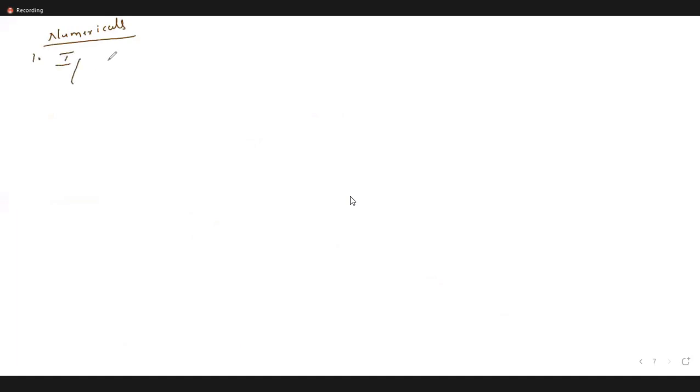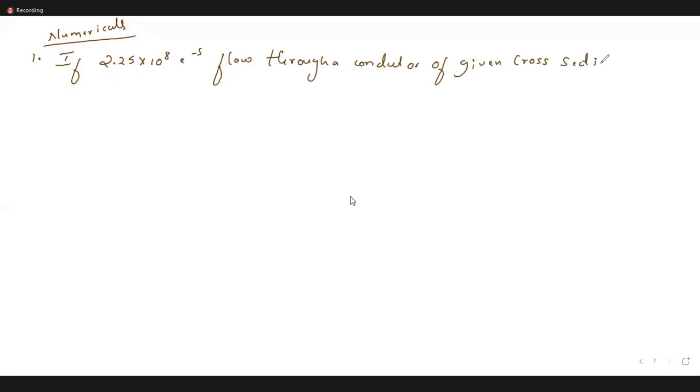2.25 into 10 to the power of 8 electrons upload to a conductor of given cross section in unit time, of length meter and breadth 0.5 meter.